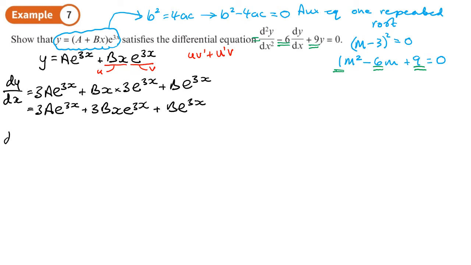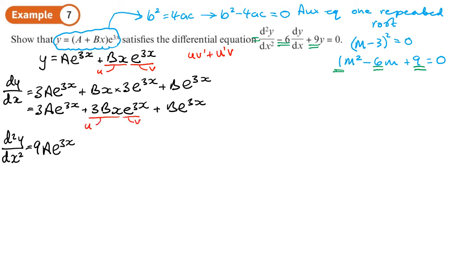Right, we'll now differentiate it a second time. So we'll have 9a e to the 3x. Now, just like before, we're going to use the product rule on this.